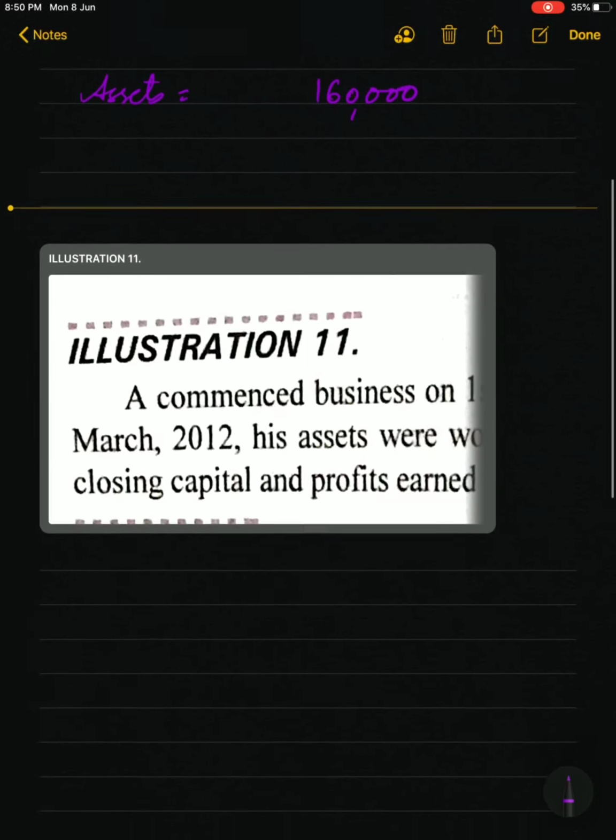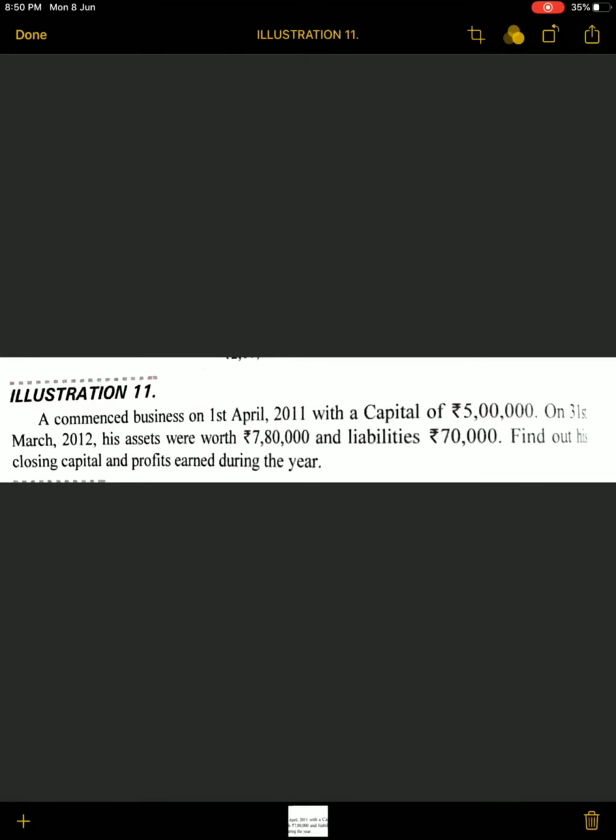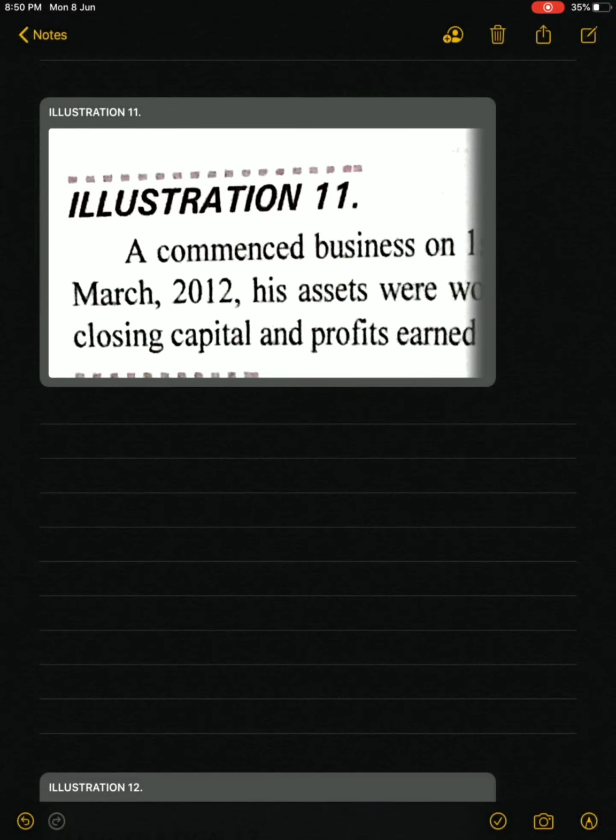Now next is illustration 11. It commenced business on 1st April 2011 with the capital of rupees 5 lakh. On 31st March 2012, his assets were rupees 7,80,000 and liabilities rupees 70,000. Find out his closing capital and profit during the year. Now, the accounting equation is asset is equal to liabilities plus capital.